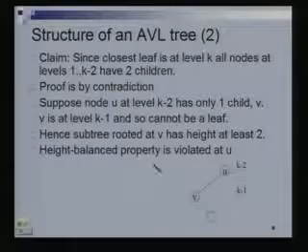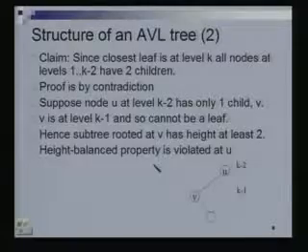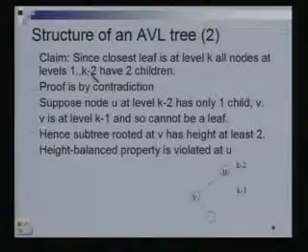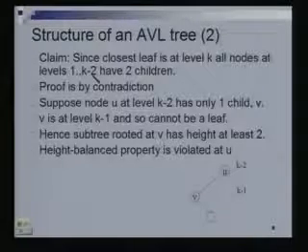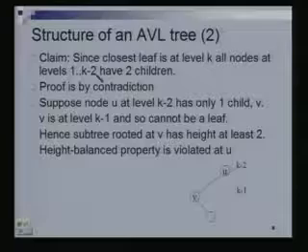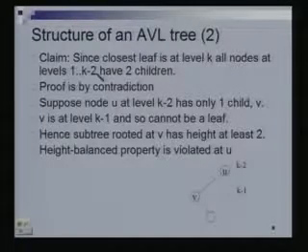So the height balance property is violated at node u. So every node on levels 1 through k minus 2 has to have 2 children, right? At level k minus 1, however, there can be nodes with only one child. Everyone understands that?